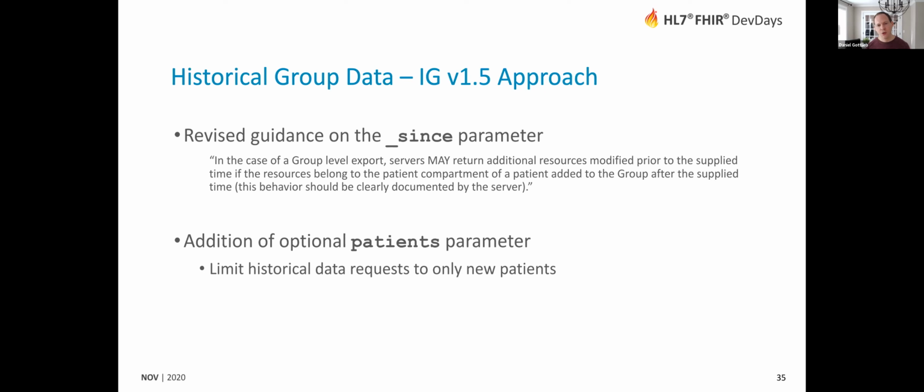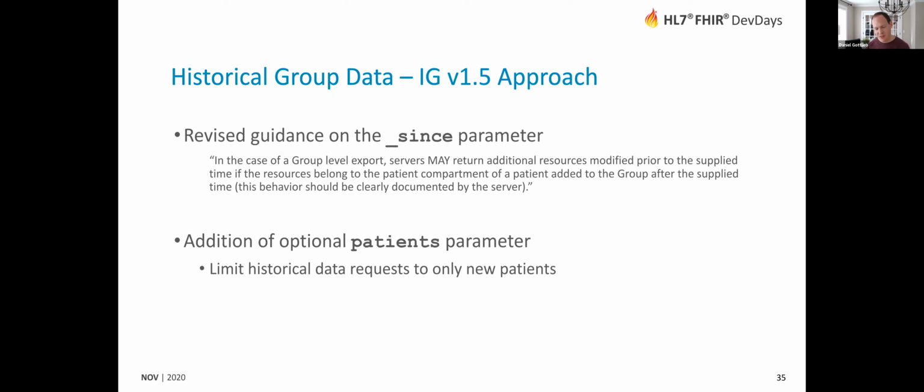And so we address this in two ways. The first is that we loosen the language around what the server can return for _since. So in this case, we're saying if a patient moved into the group and their data is modified prior to the date you're requesting, the server can still send you their historical data for that patient or for those patients.